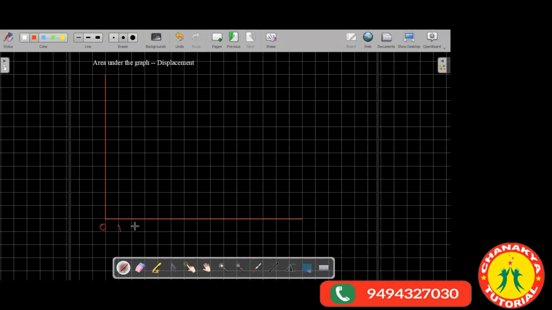On the x-axis it is 0, 1, 2, 3, 4, 5, 6, 7, 8, 9, 10, 11, 12, and on the y-axis 2, 4, 6, 8, 10, 12, 14, 16, 18, and 20. So, area under the graph.